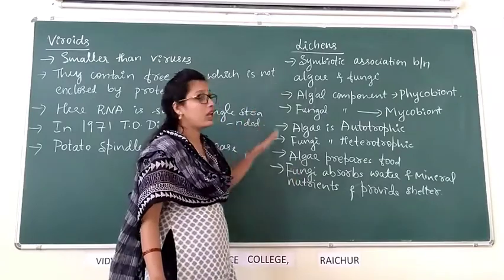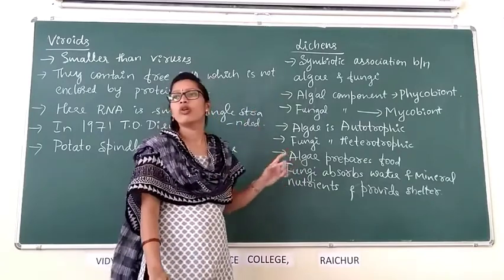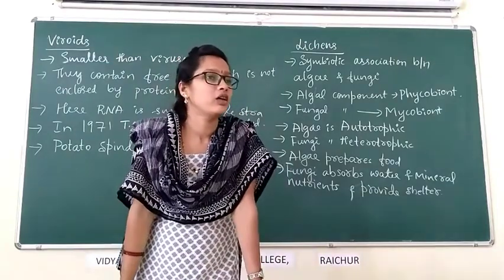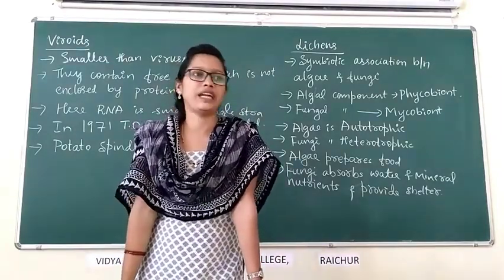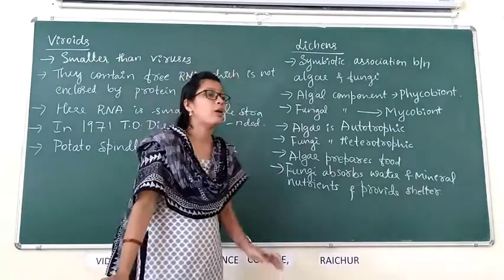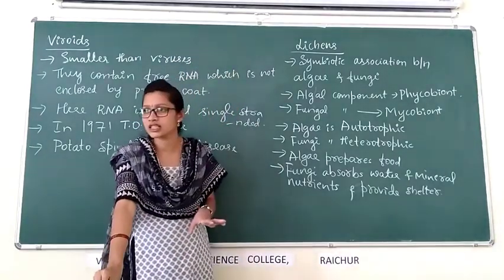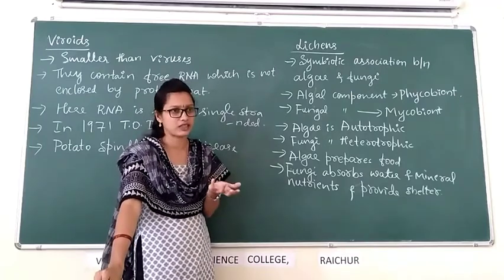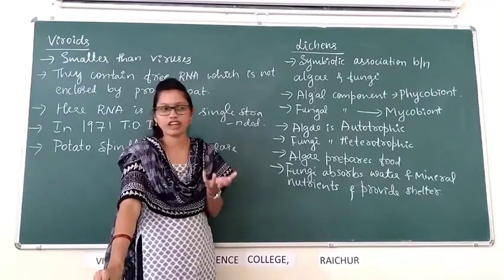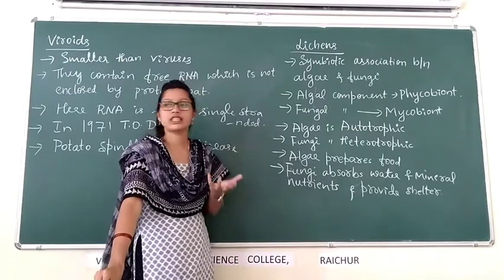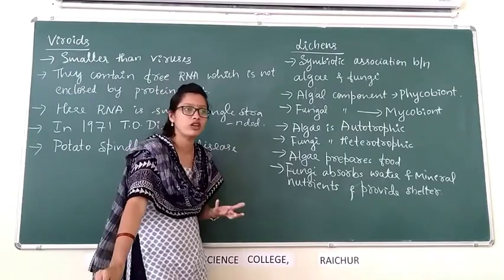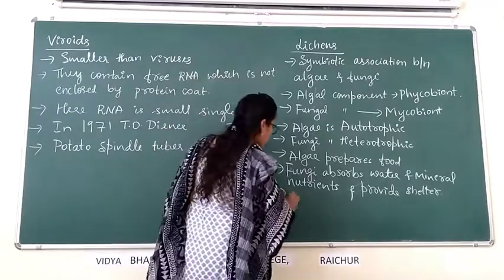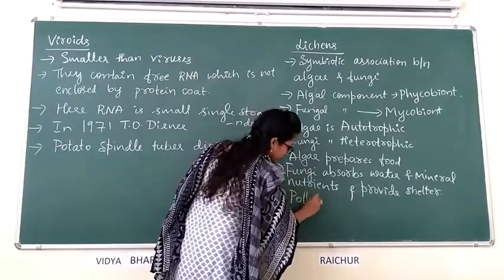This is about lichen. One more important thing is that lichens are pollution indicators. They do not grow in polluted areas; only in areas free from pollution can we observe the growth of lichen. They are the best pollution indicators.